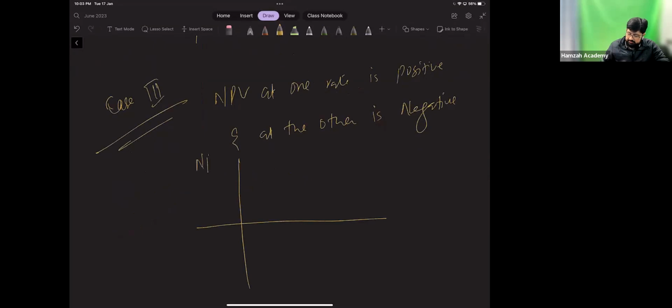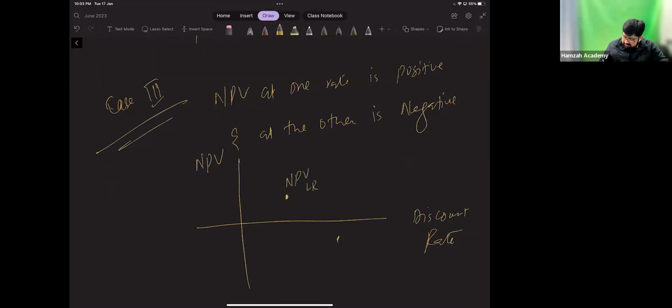NPV and discount rate. So NPV at lower rate is positive.